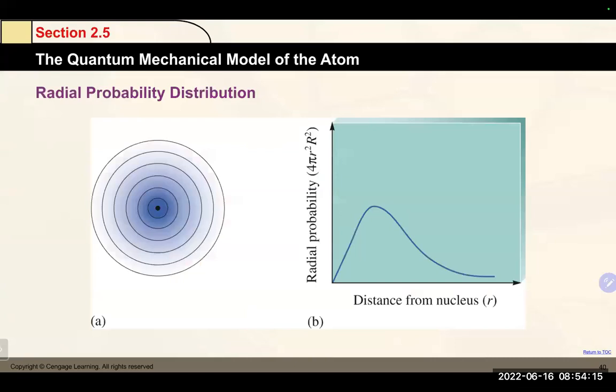And what that led us to is really the idea of orbitals. So we move away from the idea of orbits like we had in Bohr's model to these theoretical ideas of orbitals as probability maps of where we find electrons within an atom.